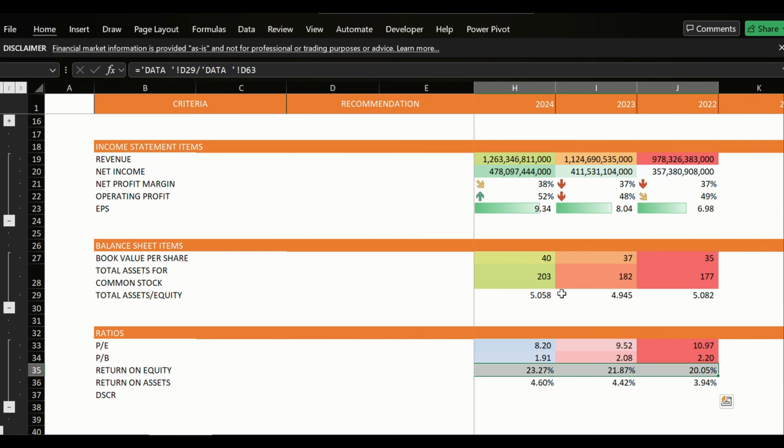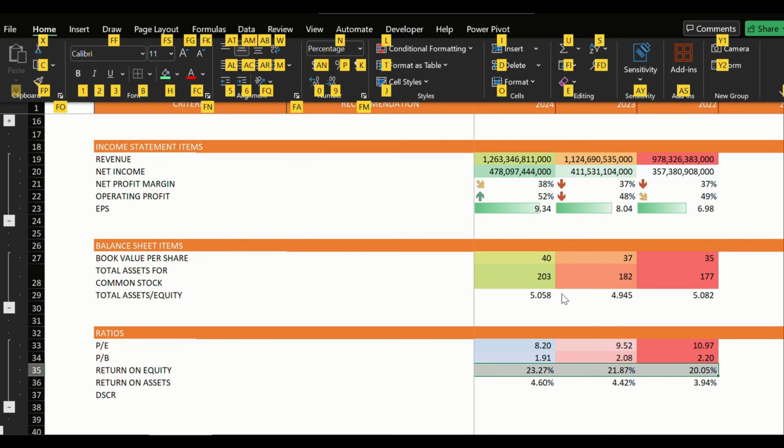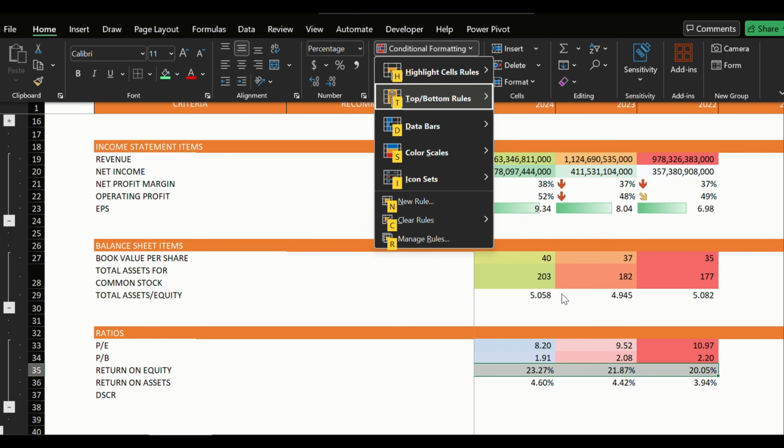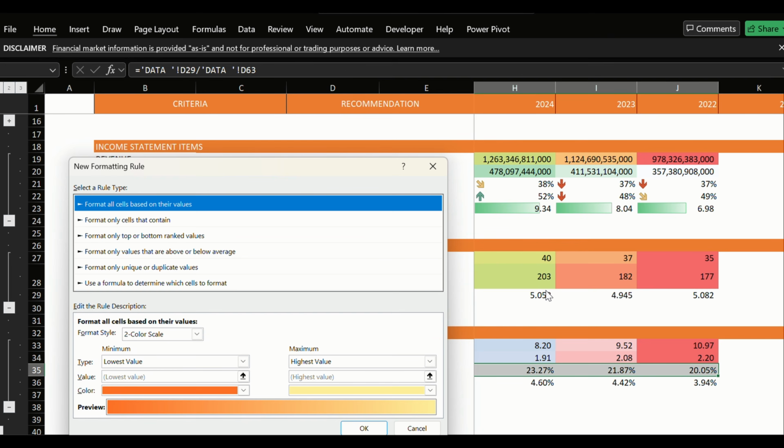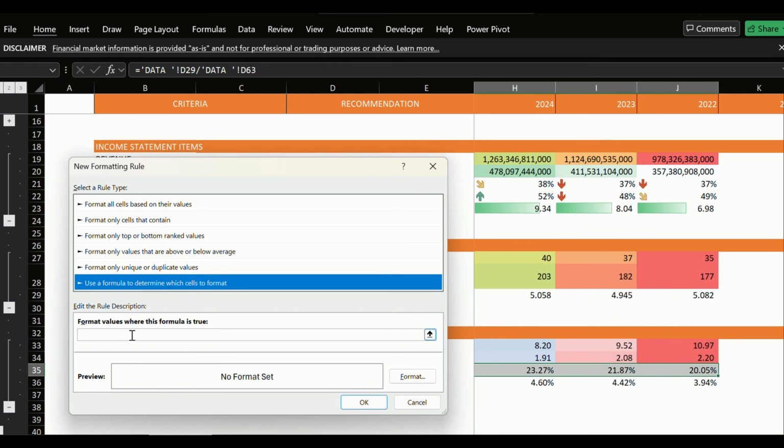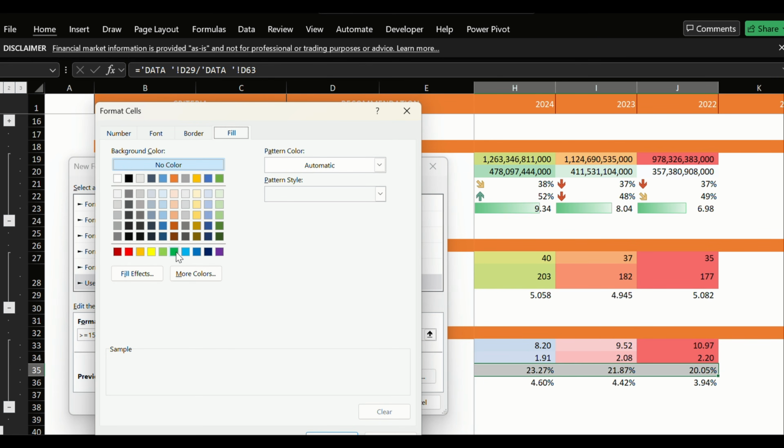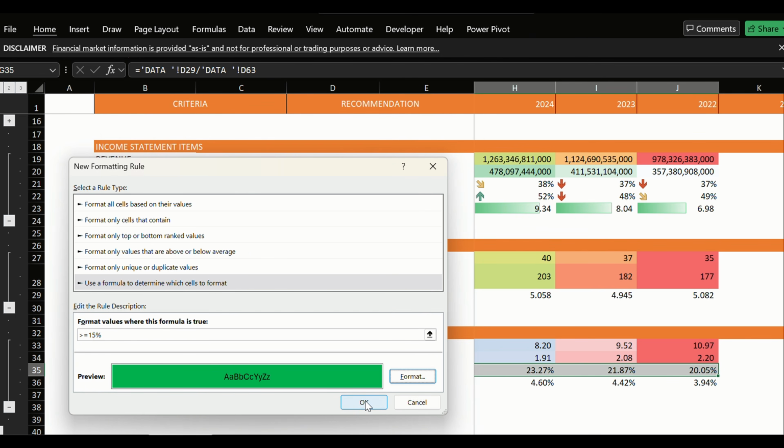Price to earnings. Okay, here we need to highlight rules, set new rules. It has to be greater than or equal to 50%. Then format, if that is the case, green.